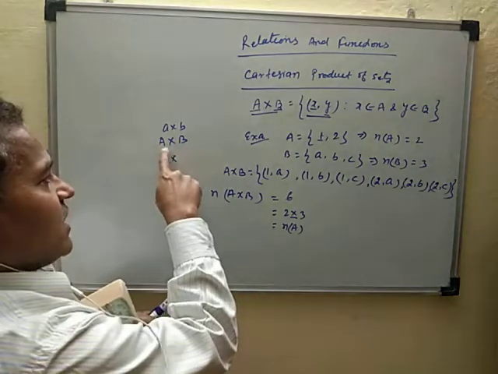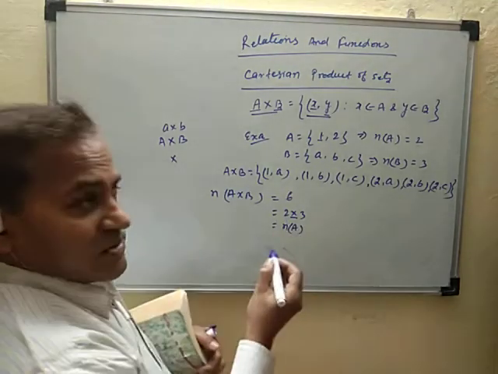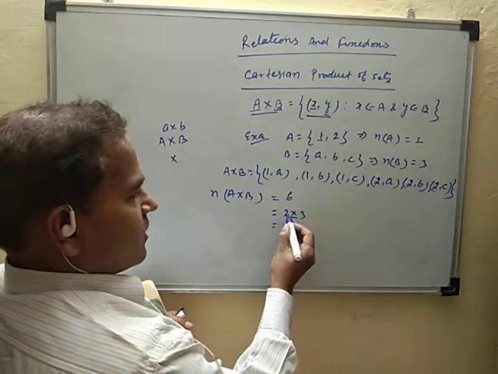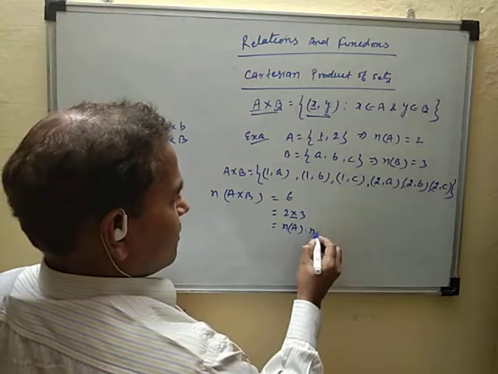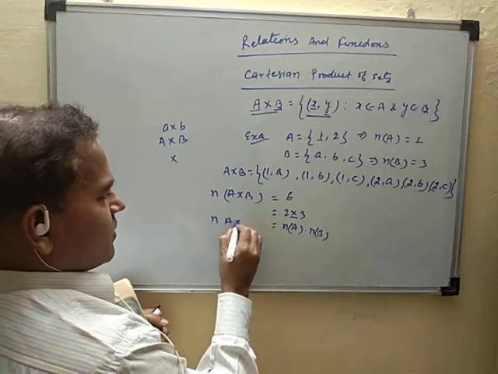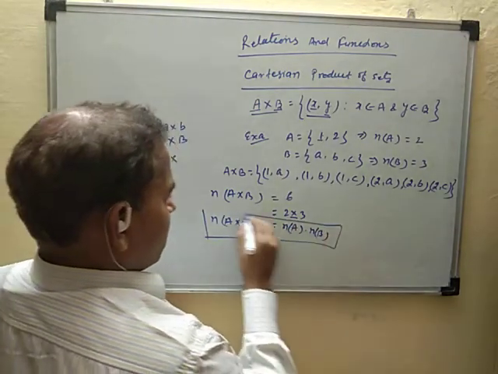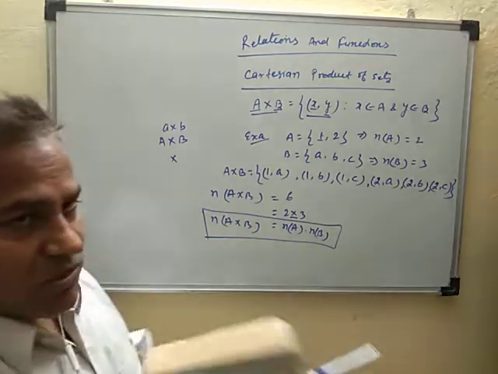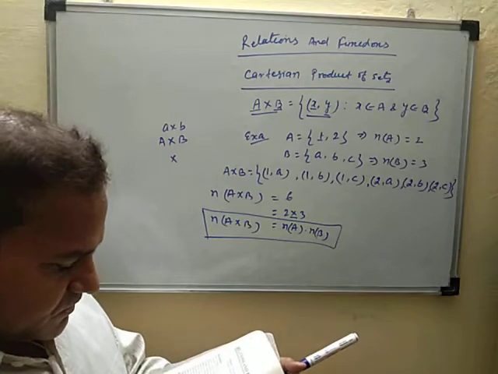Here read as A cross B. Here 2 and 3 are two numbers, so this symbol is into. So 2 represents the number of elements in A and 3 represents the number of elements in B. So the number of elements in A cross B is equal to the number of elements in A into the number of elements in B. This is the Cartesian product of two sets.